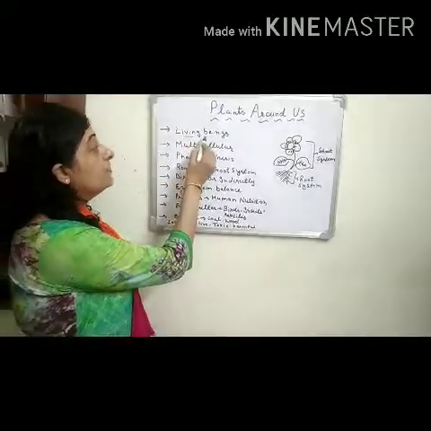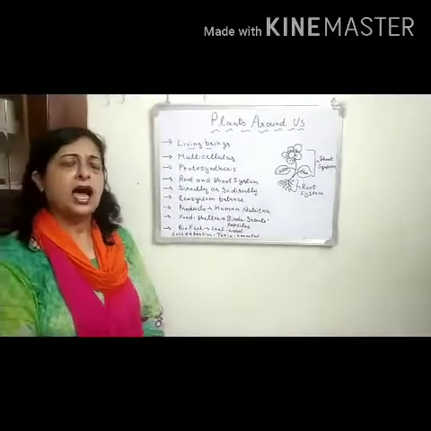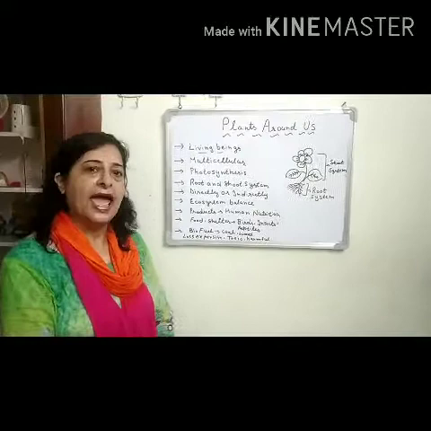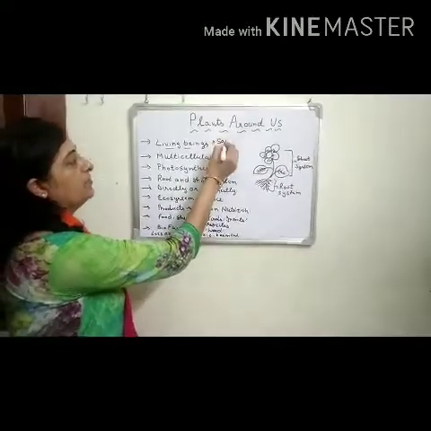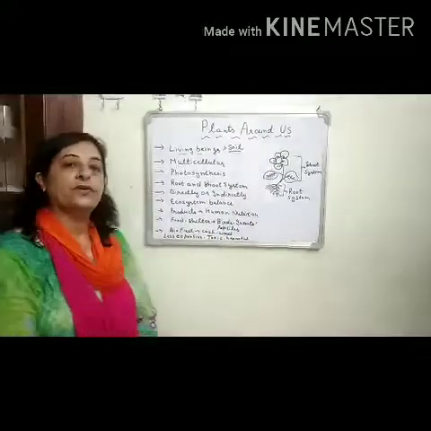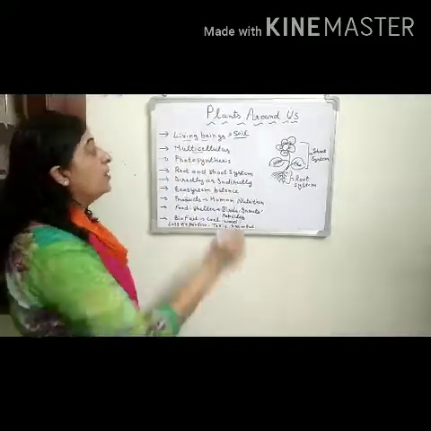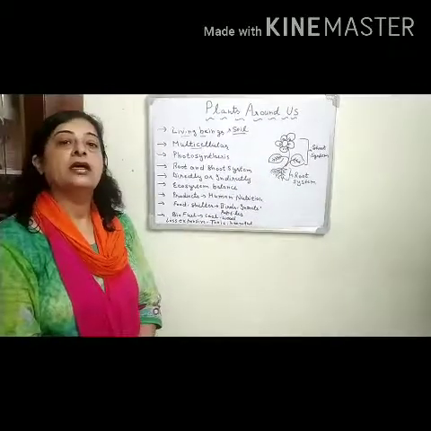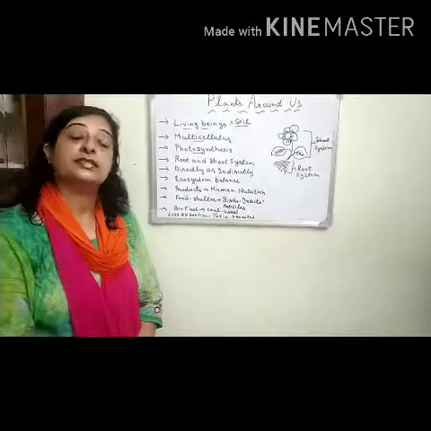Plants are living beings. Yes, they are living beings, but they are different from animals as they remain fixed in the soil with the help of the roots. Plants are multicellular and do the process of photosynthesis.